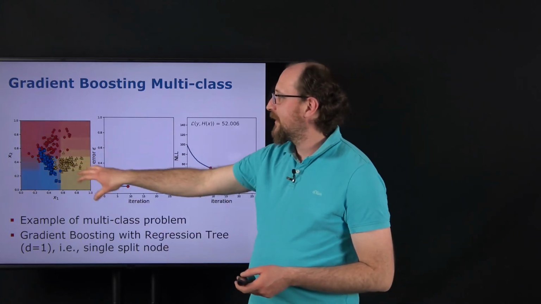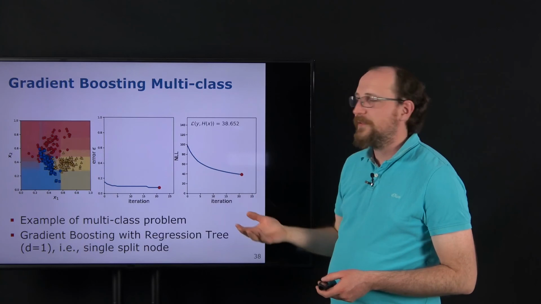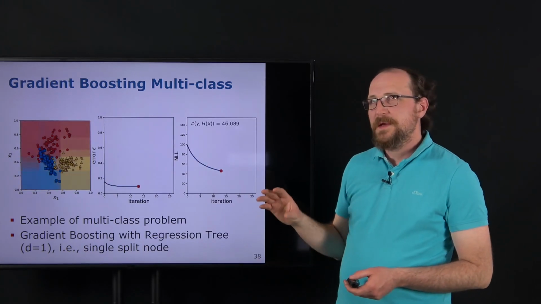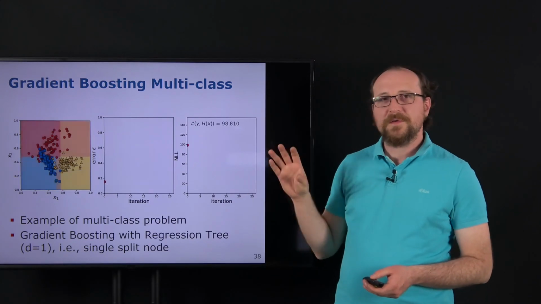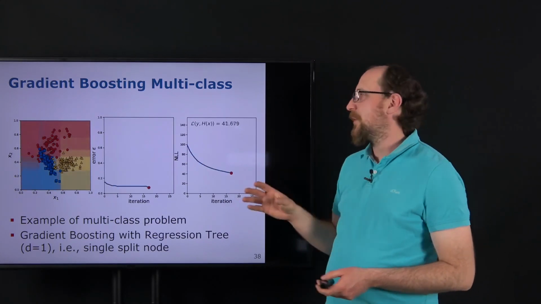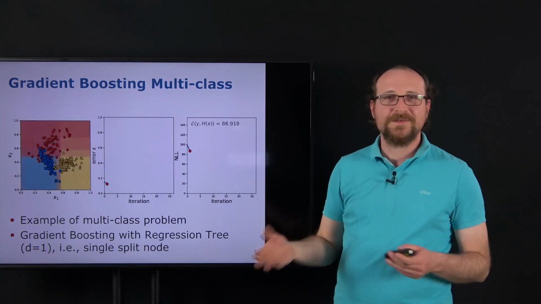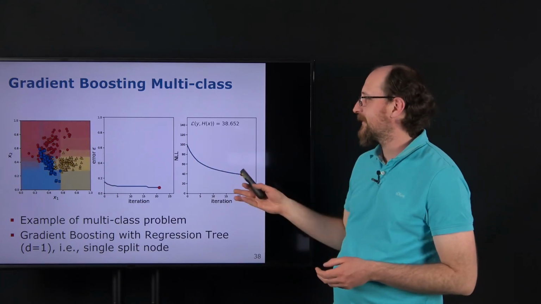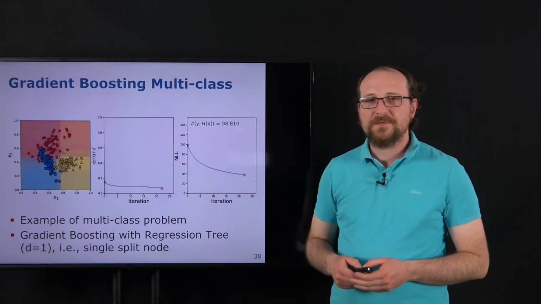It's doing a good job approximating this. The thing that you have to remember is that very simple models are involved here. The regression tree has only one split, and it decides on the split, and then it does this thing. You can see that it's doing the right job.